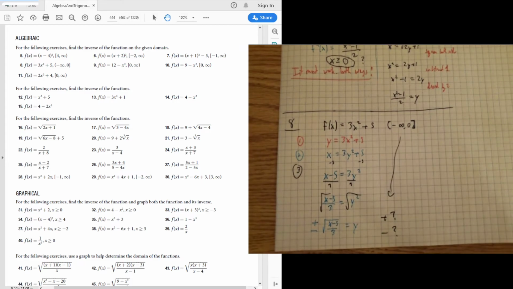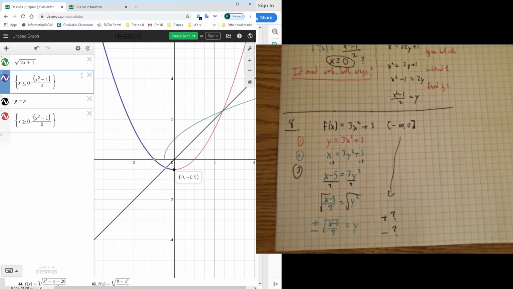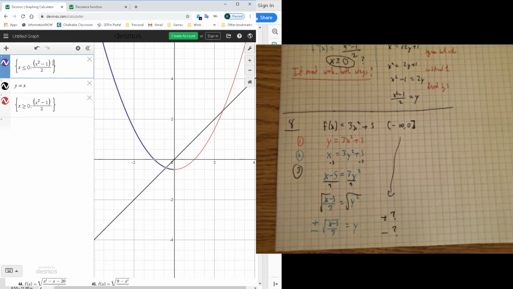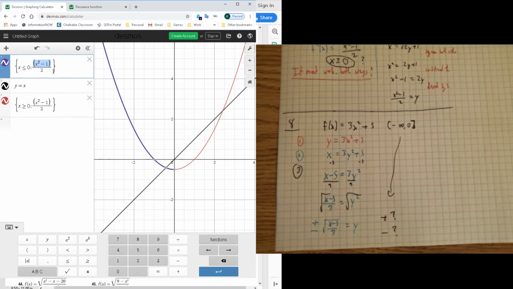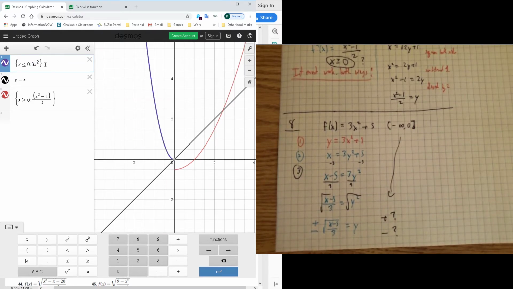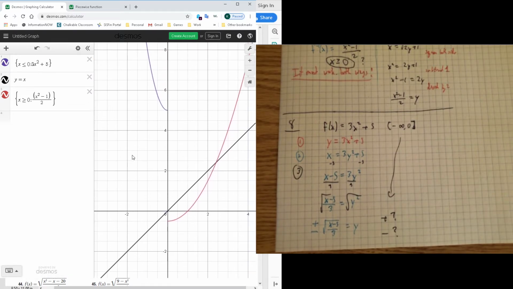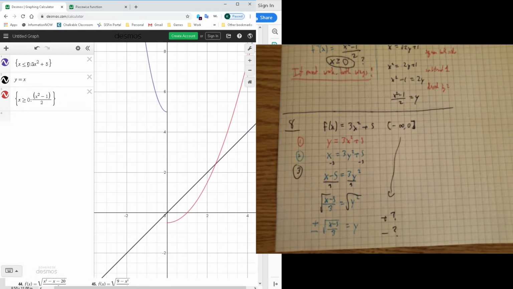So now I'm going to graph my original expression. It says my original expression was 3x squared plus 5. So notice that this one is to the left of 0, so that's from negative infinity to 0.